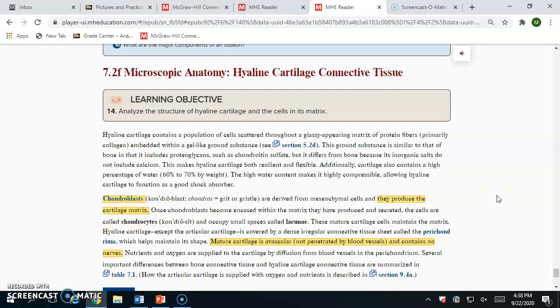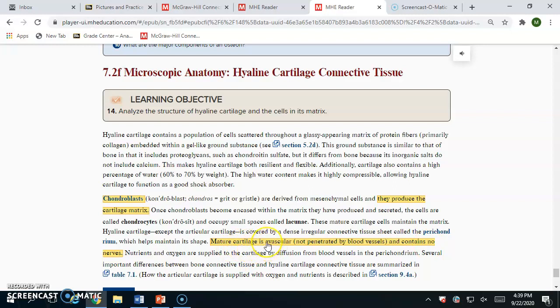Another thing to be aware of, and remember I'm going to mention blood vessels and nerve tissue within most of our organs and body systems: mature cartilage does not have any blood vessels in it, and there are no nerves in it either. That's the exact opposite of bone tissue, because bone tissue has many blood vessels and many sensory nerves. But mature cartilage has no blood vessels and no nerves.